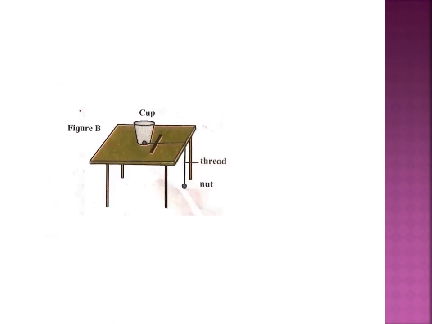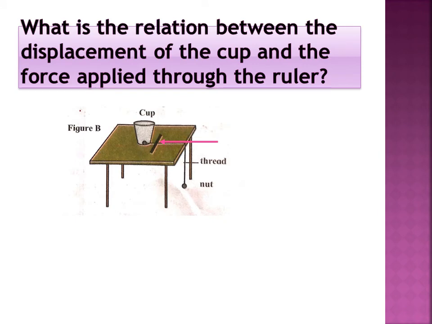As shown in figure B, we know that the cup will slide along the table. Now what we have to do is stop it by putting a ruler in its path. Now we have to see the relationship between the displacement of the cup and the force applied through the ruler. In figure A, the cup was displaced along the thread, that is in the downward direction, but here we are stopping it with a ruler.